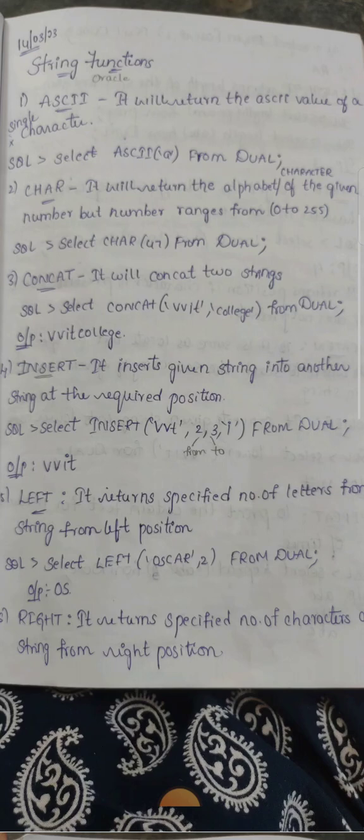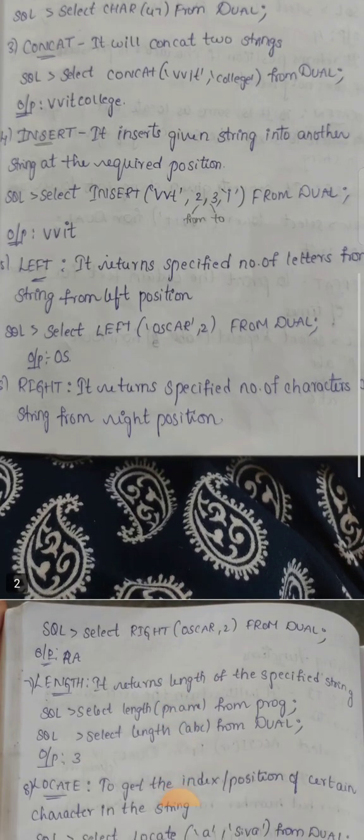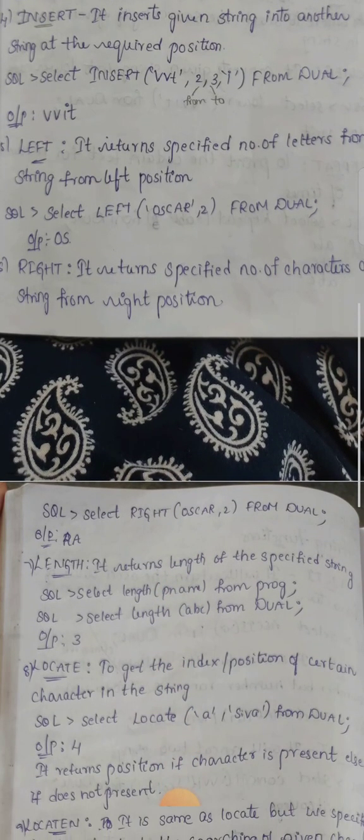From the left position, we get the two characters OS. And RIGHT works similarly: as we get the left values when we use the left operation, we get the right values when we use the right operation. With the same example, we get the answer as R and A.